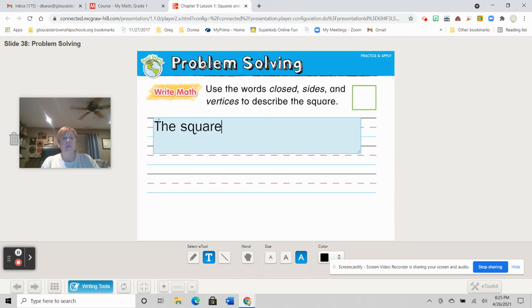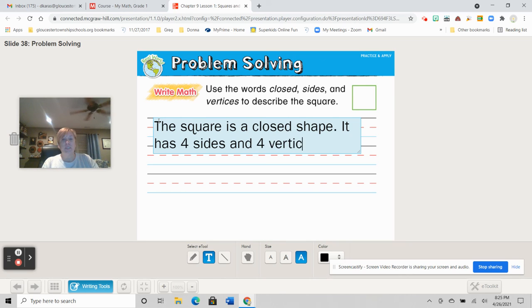The square is a closed shape, right? It has how many sides and how many vertices? It has 4 sides and 4 vertices. Okay? And that would be it. That's how you describe it.